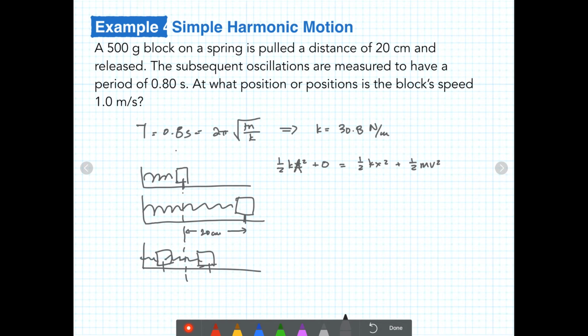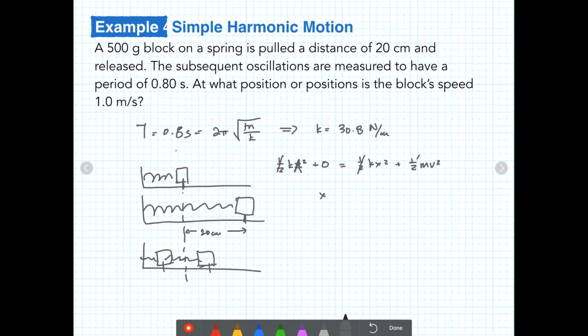Because we want it to be going 1 meter per second, it's either gone past or it's gone back. So we just want to figure out the positions, and we know there should be two positions where it has the same speed, because we don't care about the direction of the velocity. So we set this up. It turns out we can get rid of all the 1/2s, and we're solving for x.